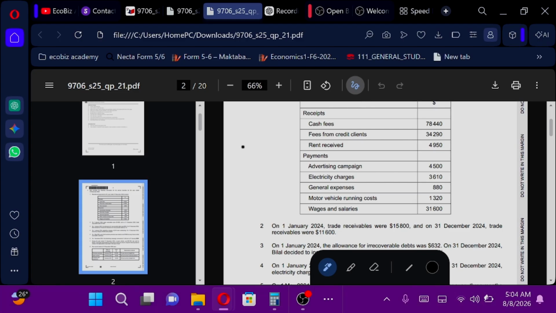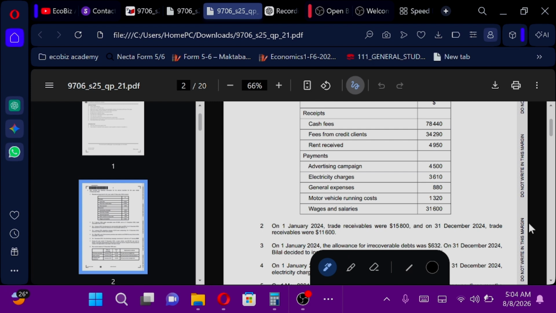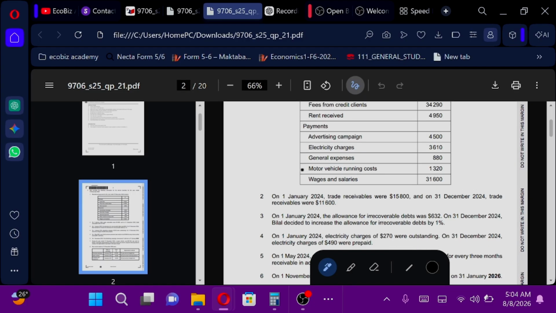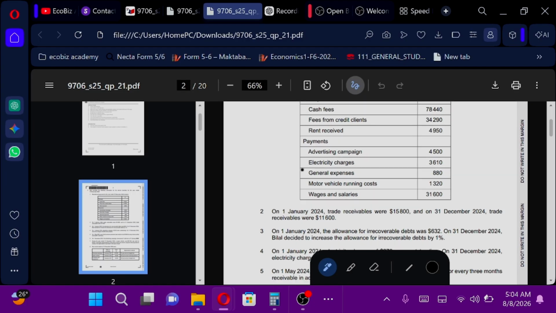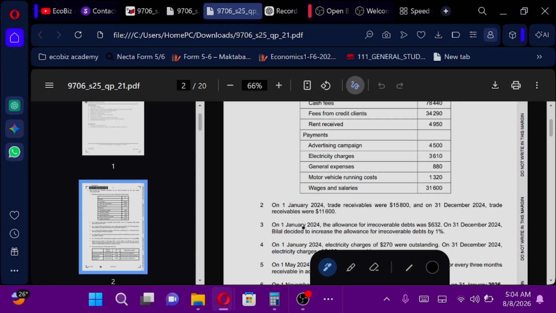Just a minute, guys. So this is what we'll do. We can create a column. So we have a column. At the beginning here, it says 1st of January 2024, the allowance was 632.